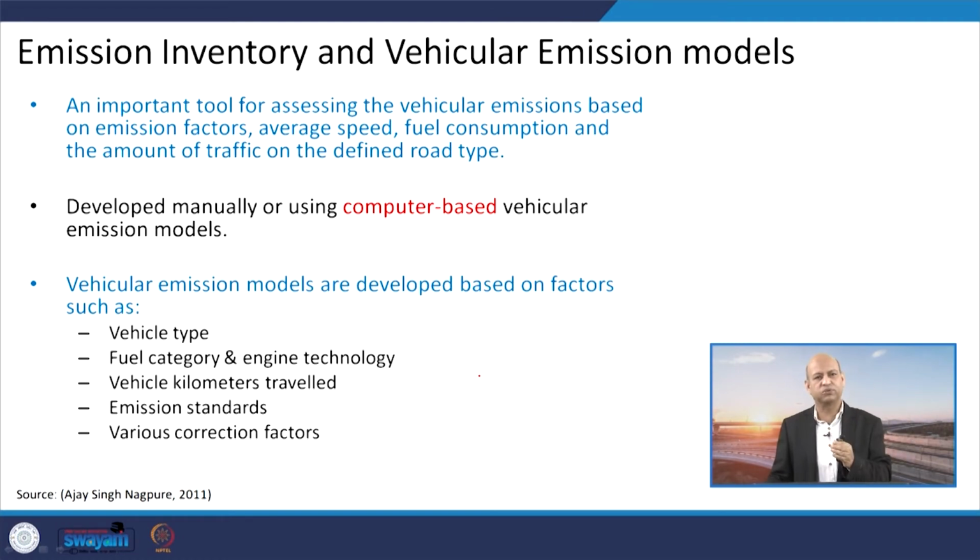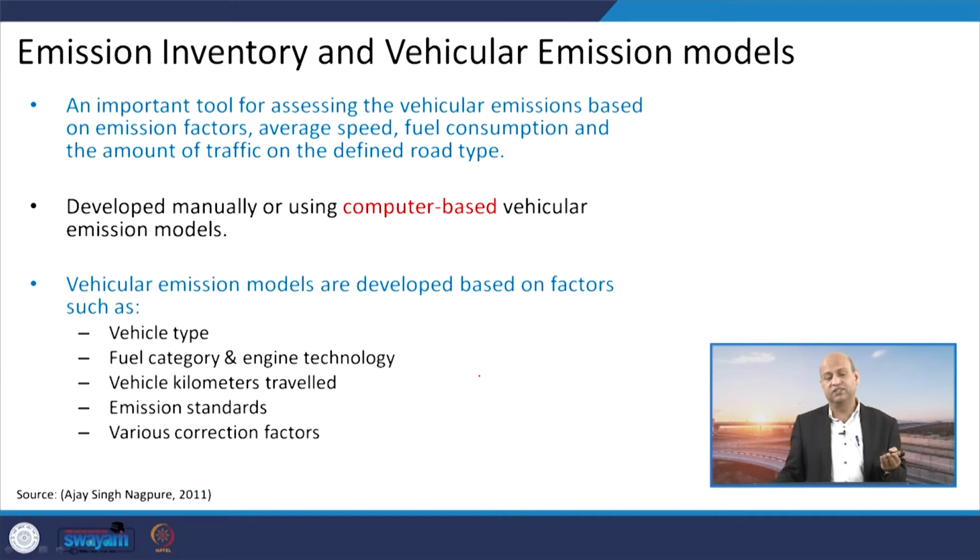Then fuel type also: the same car on CNG, LPG, diesel or petrol will have different kinds of emission streams in quantity as well as in characteristic, right. So, fuel category, engine technology, vehicle technology, and vehicle kilometers traveled, meaning how many kilometers one vehicle travels in a day, all those variable factors influence the ultimate quantity of emissions.